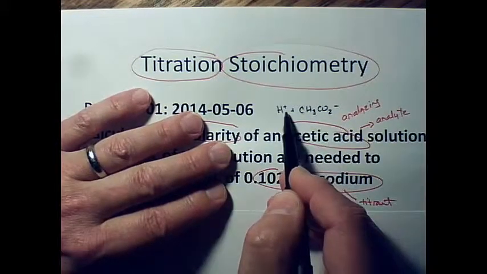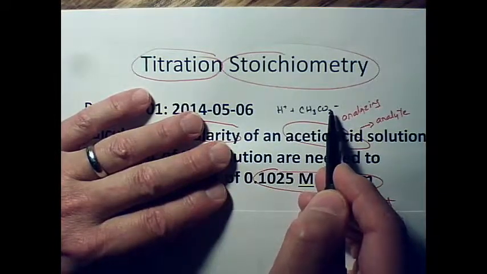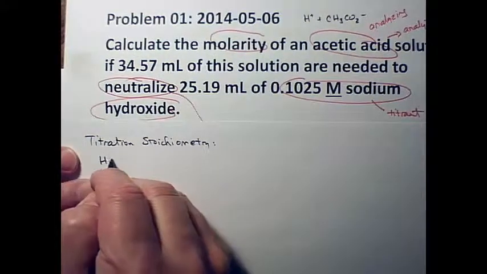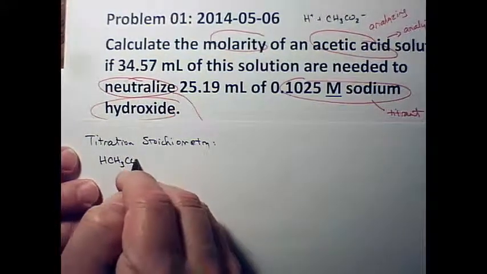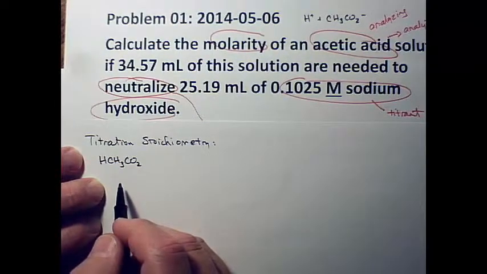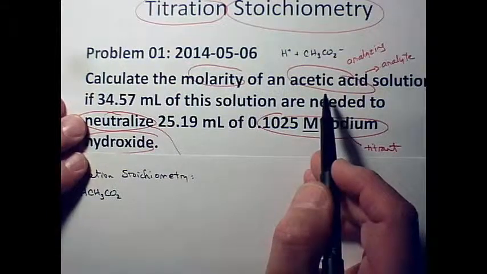One hydrogen ion with a plus sign is going to neutralize, or wipe out, the charge if I have a 1 negative charge on this anion. So the formula we need for the acid is HCH3CO2. Now that's writing the acid as if it's a non-organic acid. In fact, acetic acid is an organic acid.